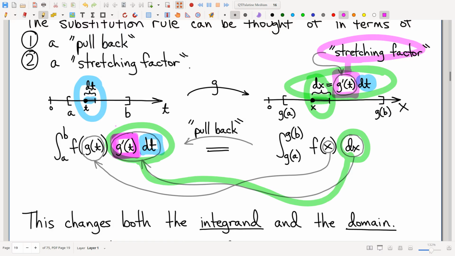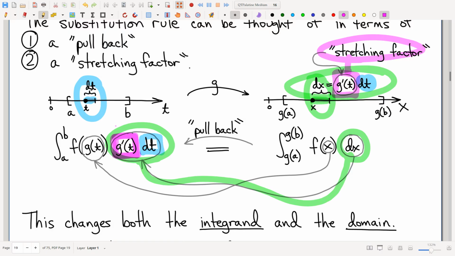Yes? Could we think of this as following the logic of U substitution? Yeah, U substitution is literally just, let U be what x is, then it's literally a U substitution. So would U subs be a pullback or a stretching factor or just mixing them? The process of doing what you call a U substitution, and by the way, real quick moment, let's recognize there's nothing magic about the letter U of the alphabet, right?